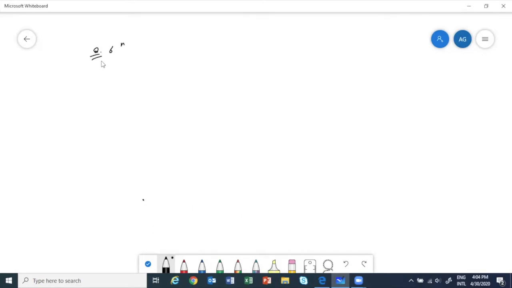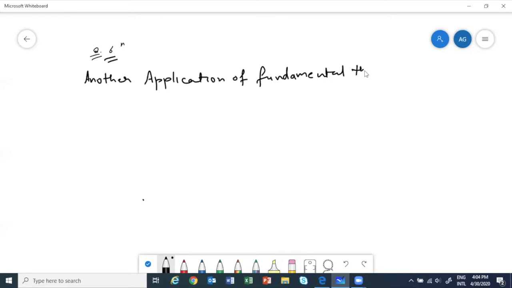Today we'll do the second application. Another application of the fundamental theorem is in finding HCF and LCM.